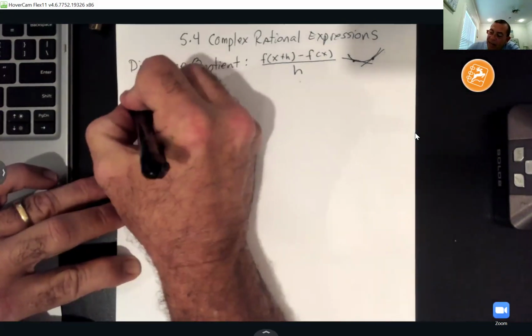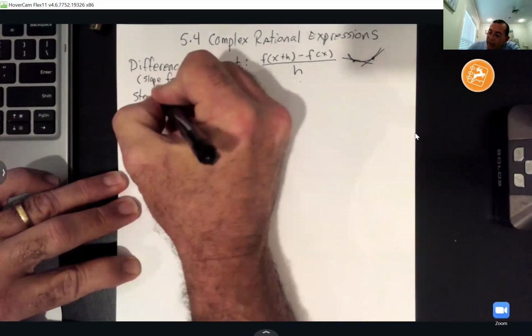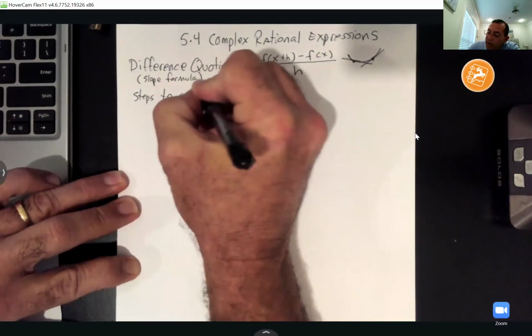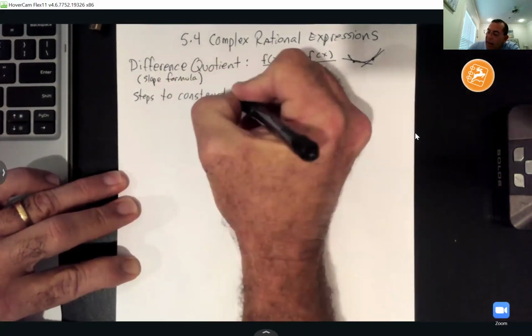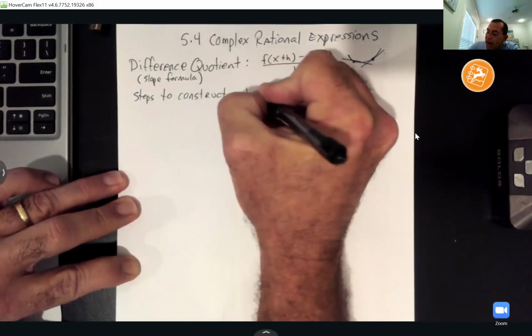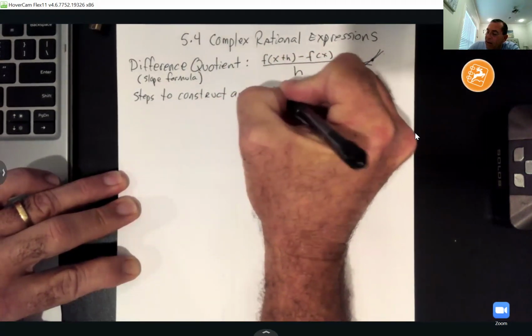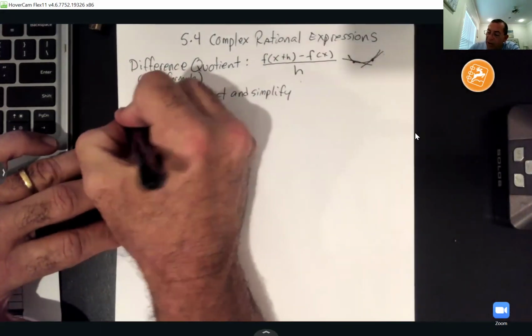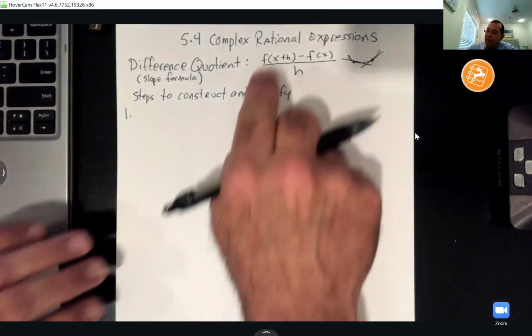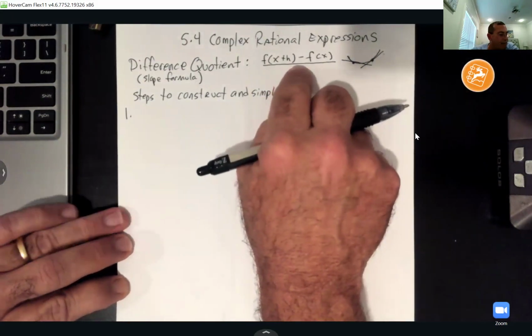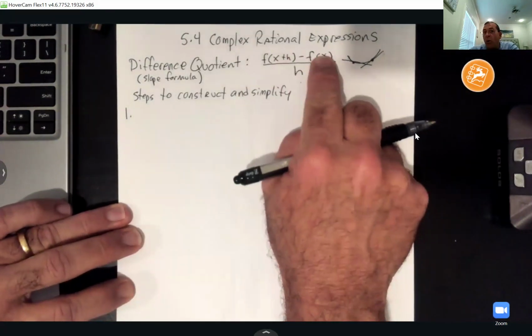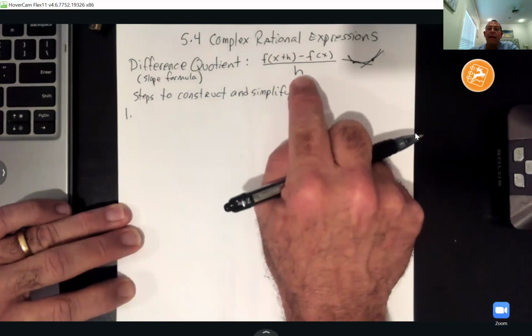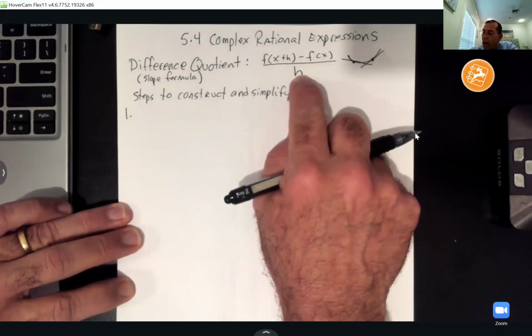So the steps to construct and simplify the difference quotient. So these are the steps we're going to use to simplify this thing. Now, they're going to give you f of x, and that h is always on the bottom.